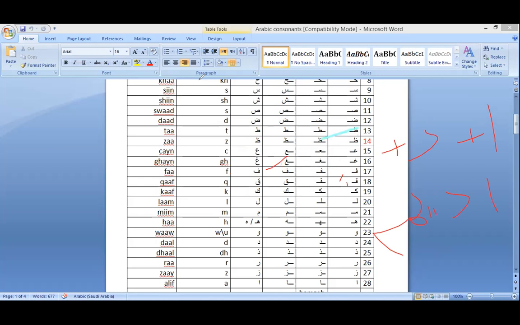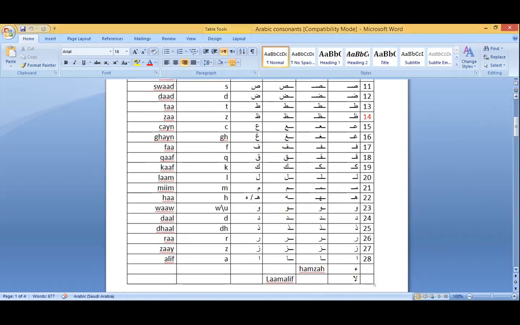But there are 6 letters that always remain isolated when they are joined to letters after them. You see these 6 letters: Alif, Wa, Dal, Dhal, Ra, Za.